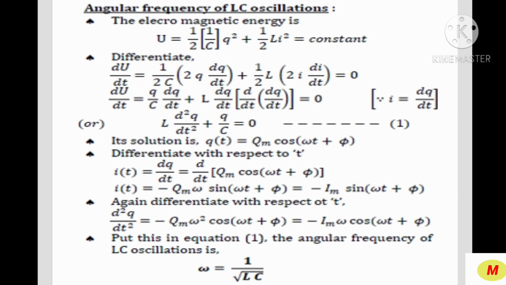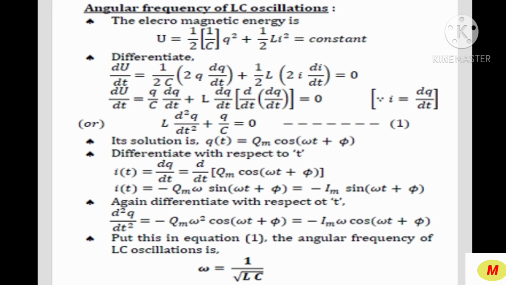But the terms q squared and i squared become 2q dq by dt and 2i di by dt. Hence the equation becomes dU by dt is equal to 1 by 2C into 2q dq by dt plus 1 by 2 into L into 2i di by dt is equal to 0. Next, i in the second term is replaced by dq by dt.